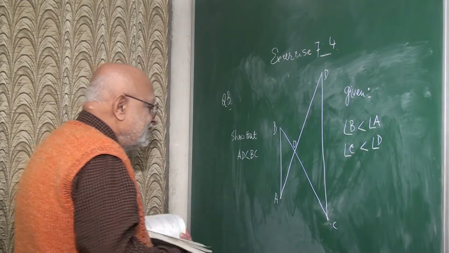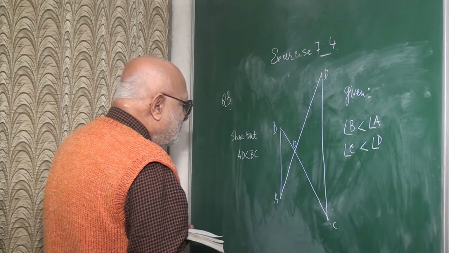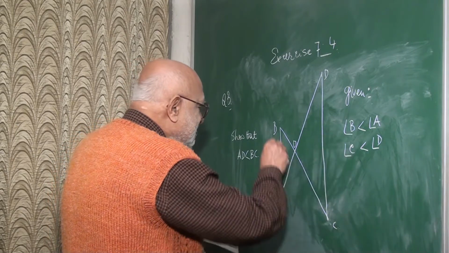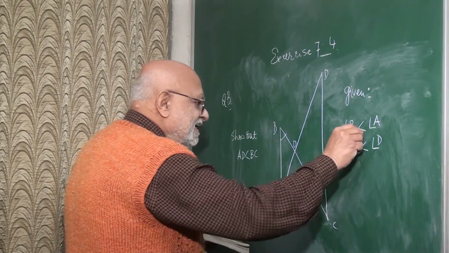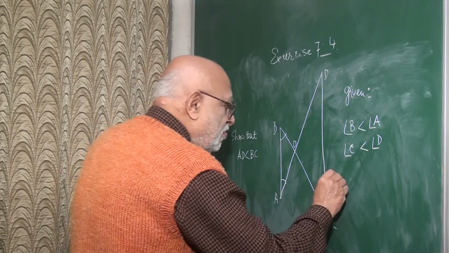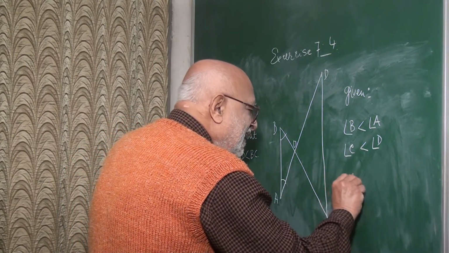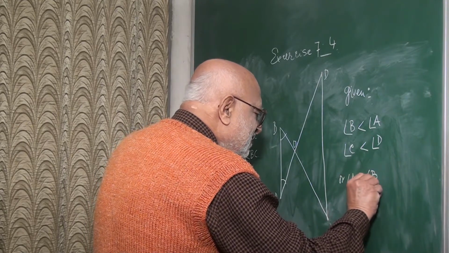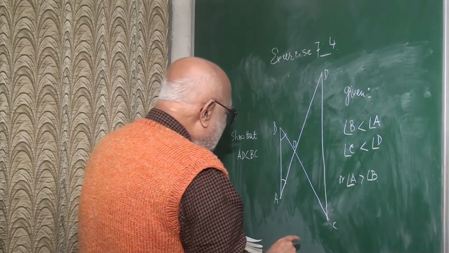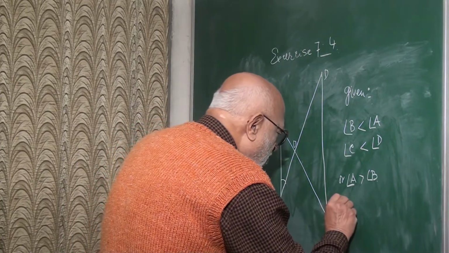Let's see here in this triangle. Now, if I have to prove, it is given angle B is less than angle A, or I can write angle A is greater than angle B. So angle A is greater than angle B, that means the side opposite to A is OB.